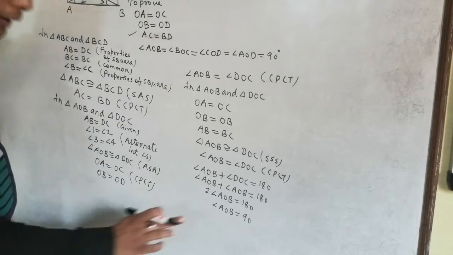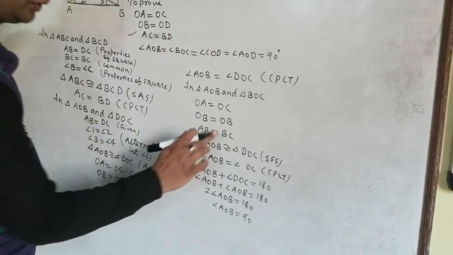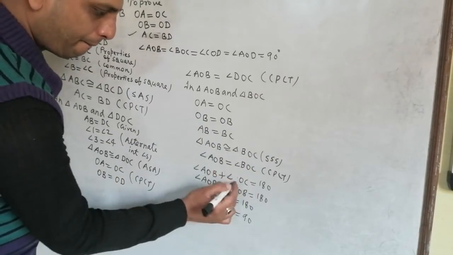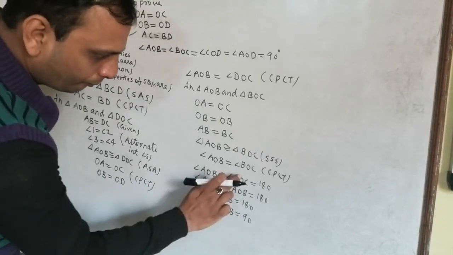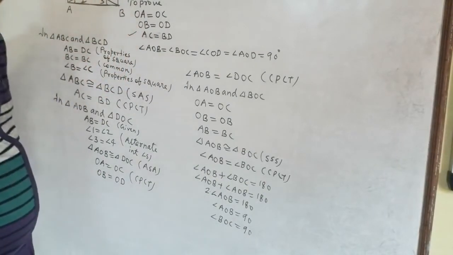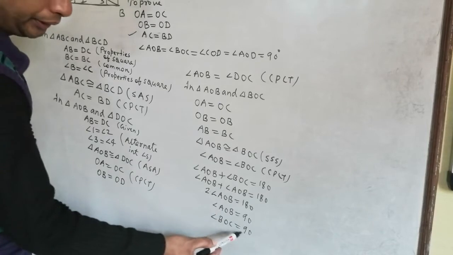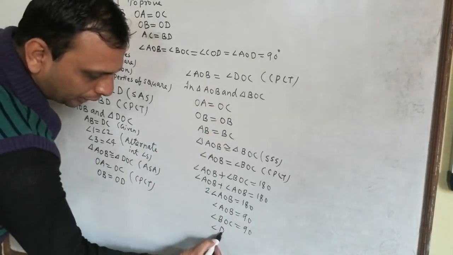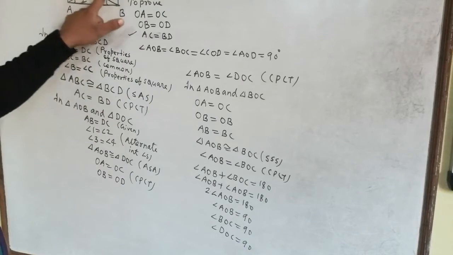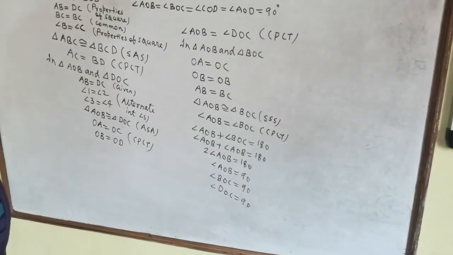We can write AOB and BOC. Sorry, here we had written B. Now AOB is 90 degrees, therefore BOC will also be 90 degrees, because AOB and BOC are equal.